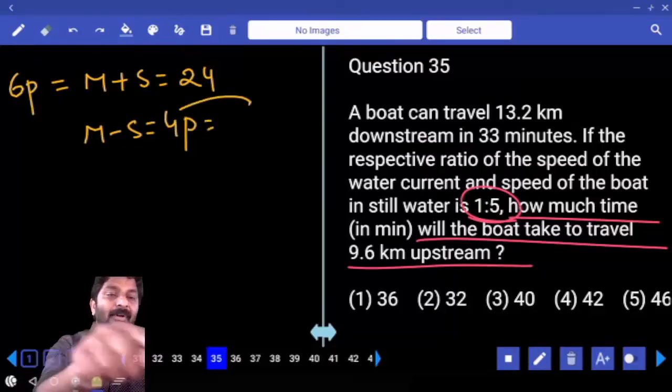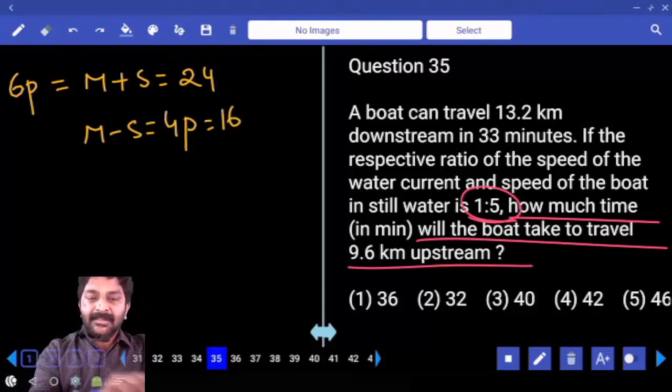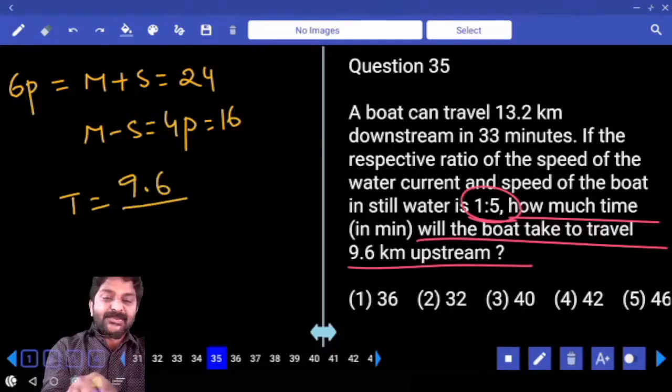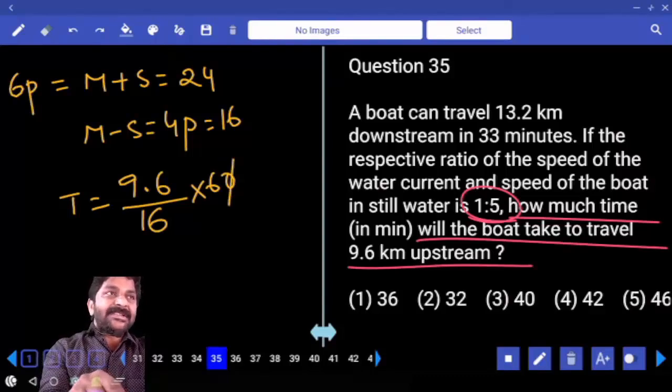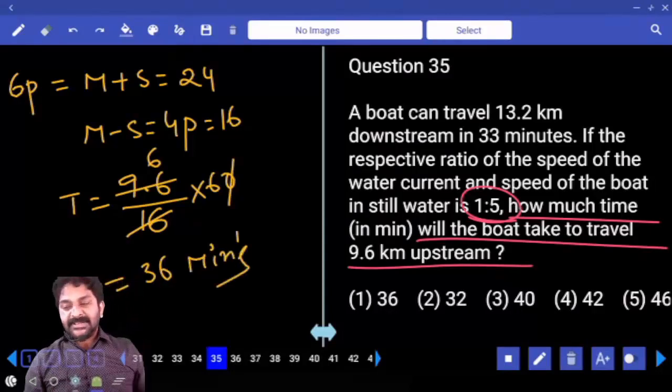So here also 4 times, that is 16 kilometer per hour. Now we have to calculate the time to cover 9.6 kilometers with the speed 16 kilometer per hour. Convert into minutes. 9.6 becomes 96. 16, 6 times. 6 into 6, 36 minutes.